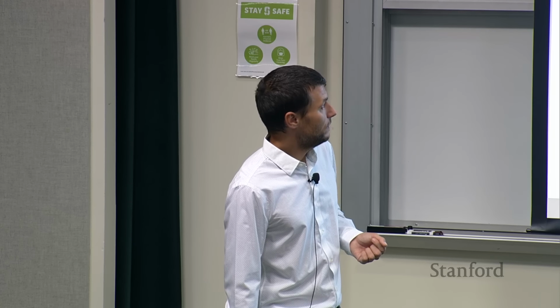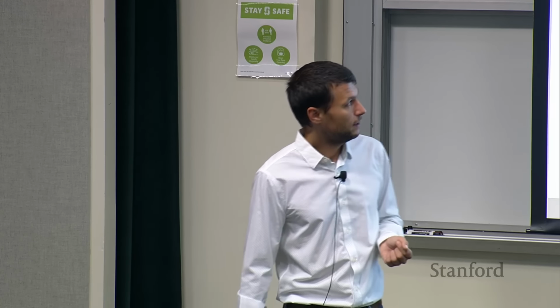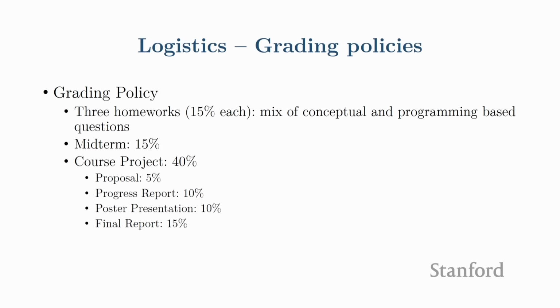In terms of grading and coursework, it's going to be 3 homeworks. The first one is going to be released Monday next week, and they are worth 15% of the total grade each, so 45% total. They go over a mix of theory, and there's going to be a programming assignment associated with all of them.